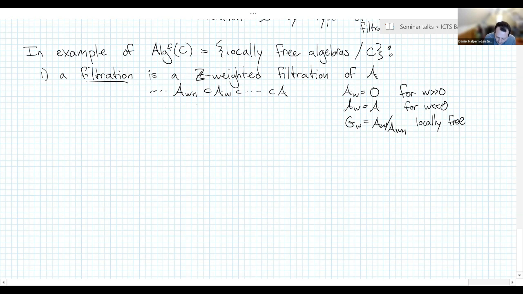One thing that's a little different here is that this is not finite. Technically this is the same as a finite filtration.